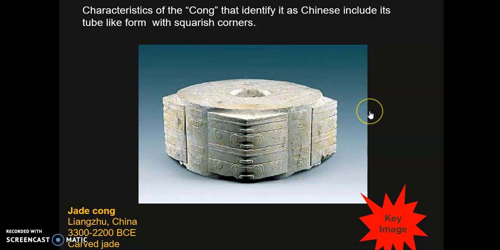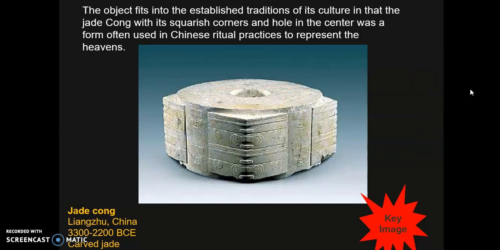And they range from anywhere from 6 inches to 3 feet, okay? And sometimes they're stacked. Along the corners here, you have abstractions of what appears to be some sort of imagery of a face, or some sort of anthropomorphic face. But anyway, to recognize them, they are squarish corners, round hole in the center.